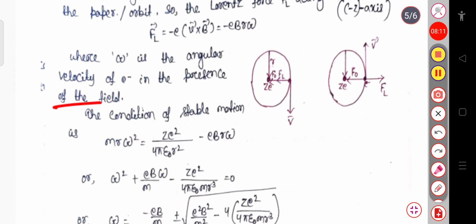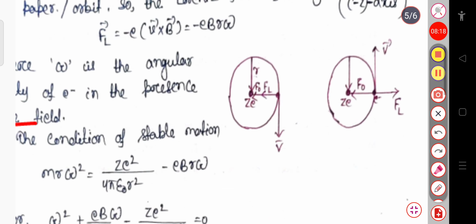Now for the condition of stable motion, when any particle is revolving in a circular orbit, a centripetal force will act on that particle. That centripetal force always acts towards the center.